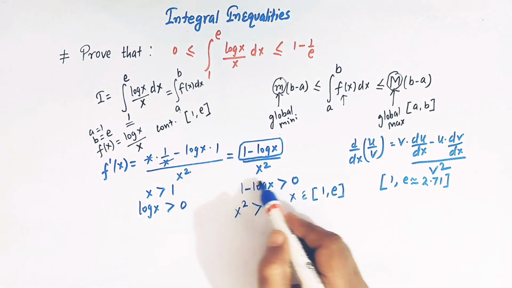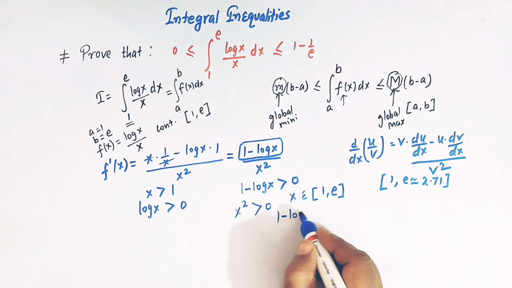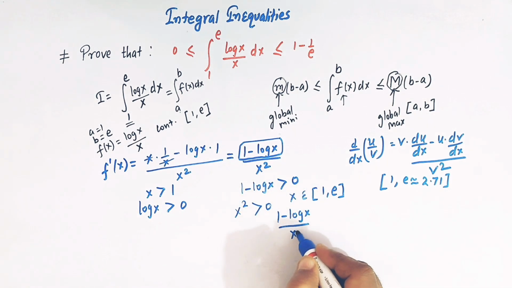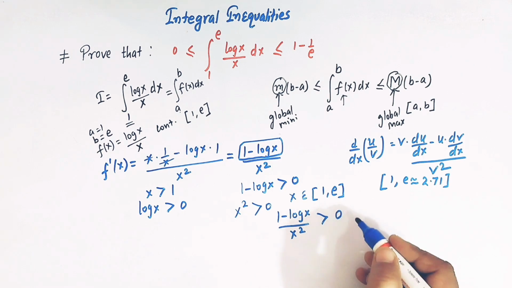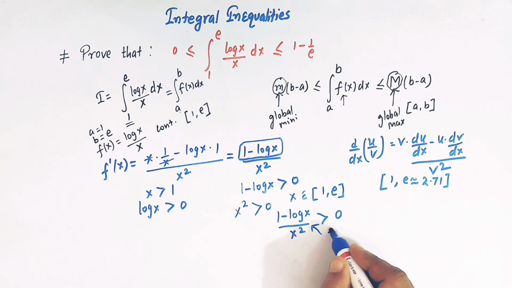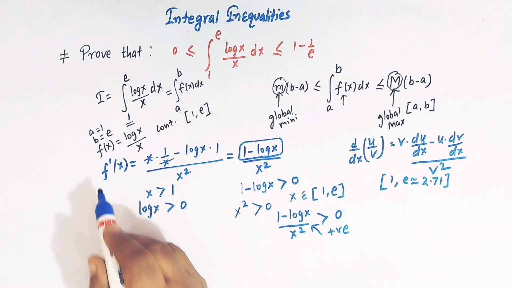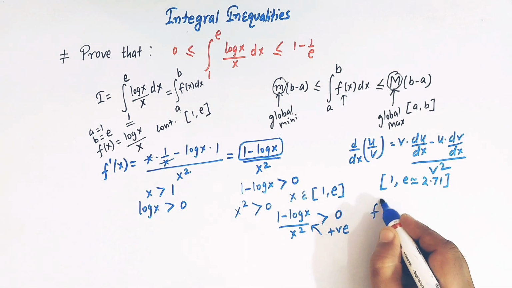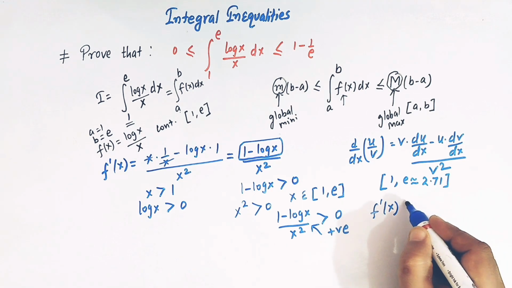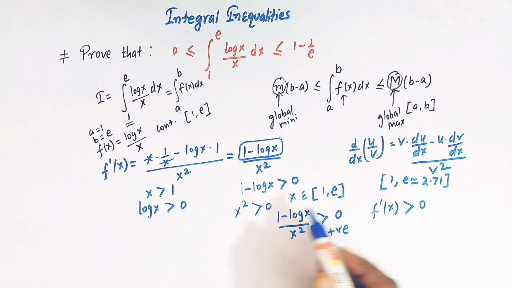So this entire term, that is (1 minus log x) over x square, is always greater than 0, or this term is always positive for this interval 1 comma e. So we can conclude that the derivative f prime of x is always greater than 0 for all x belonging to the interval 1 comma e.